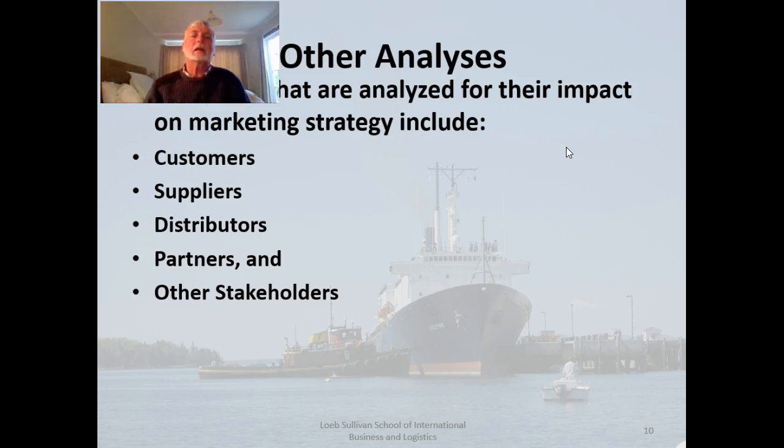Other things we may analyze: what customers are doing, what our suppliers are doing. Our suppliers are really important to understand and know, because we're dependent on our suppliers to provide us with whatever it is that we're buying from them. And if they have weaknesses or strengths, we need to know about that. Distributors are the people that resell our product, so they're channel partners. If I'm a manufacturer and I'm selling through wholesalers or retailers, I need to know what my distributors are doing.